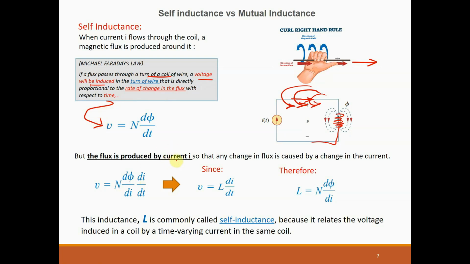But the flux is induced by the current i, so the change in flux is caused by the change in the current. So what does it mean?